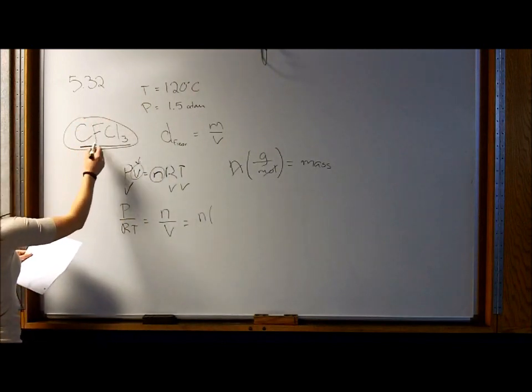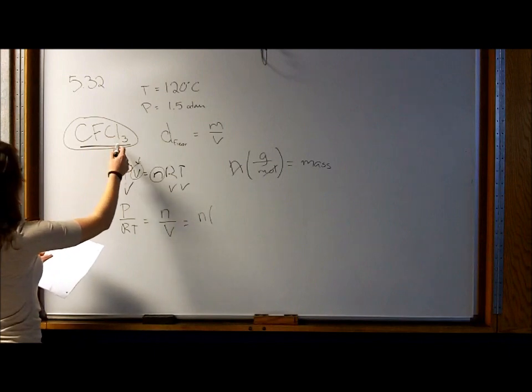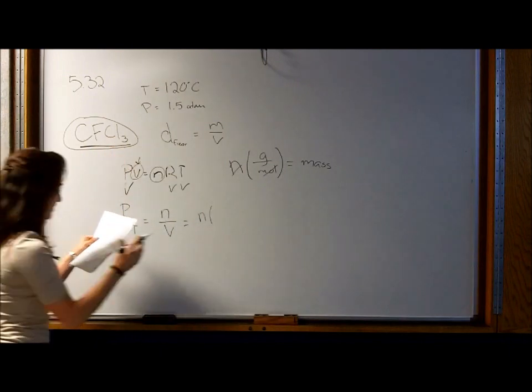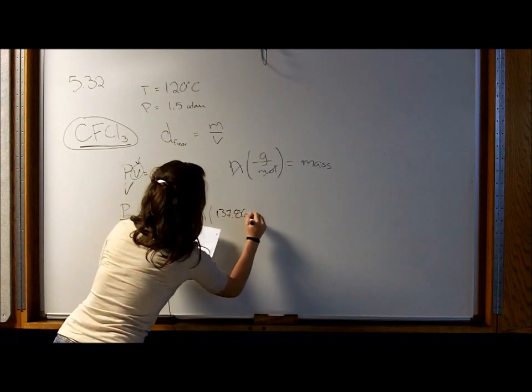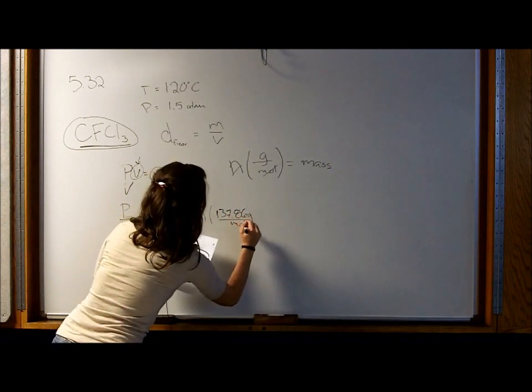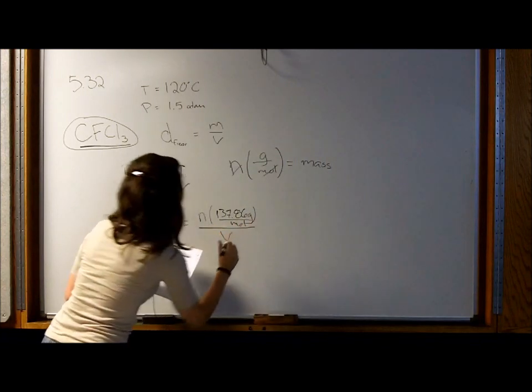You've got carbon, fluorine, and chlorine, 3 chlorines. Add that all together and you get 137.86 grams per mole over the volume.